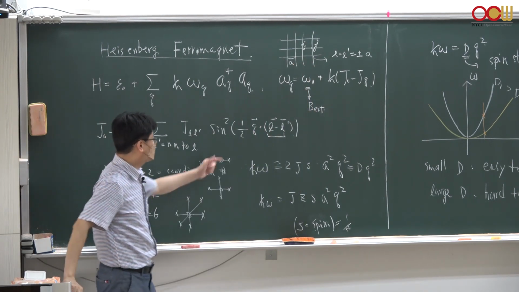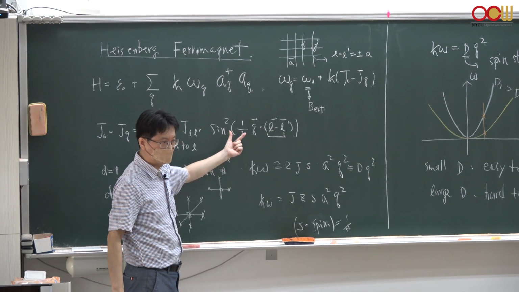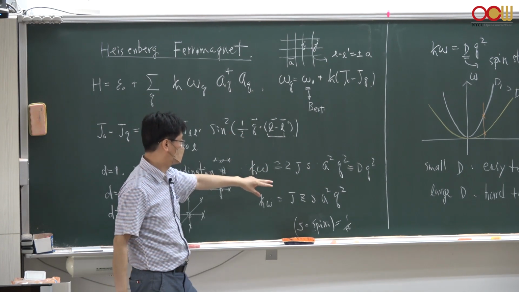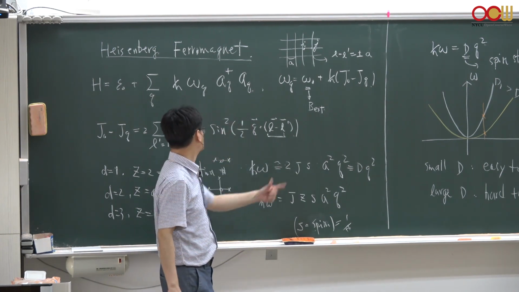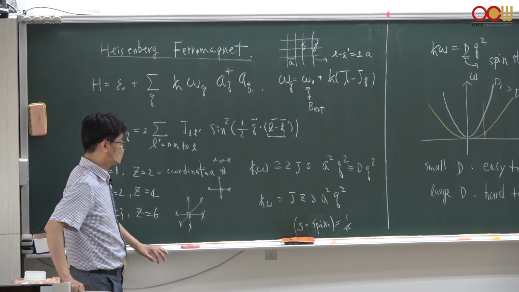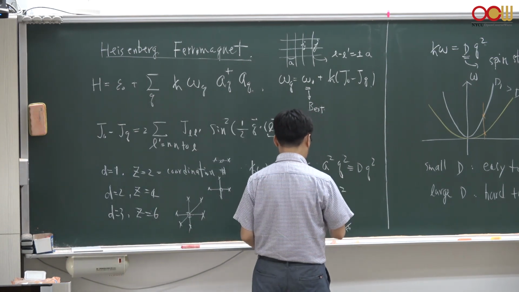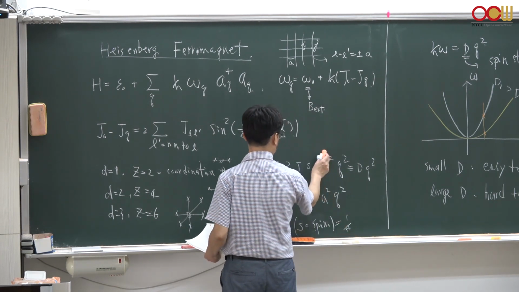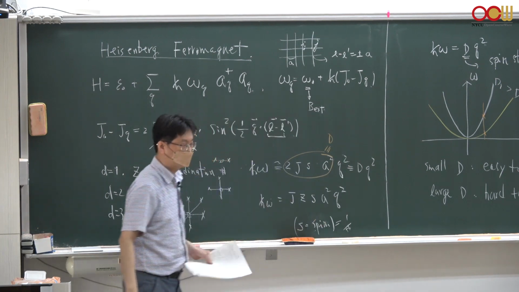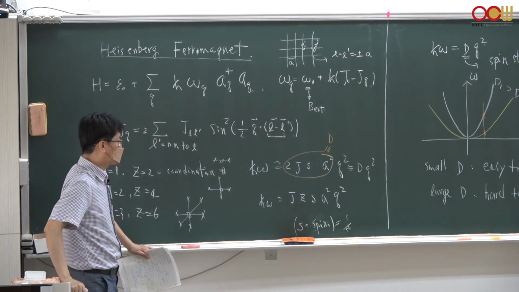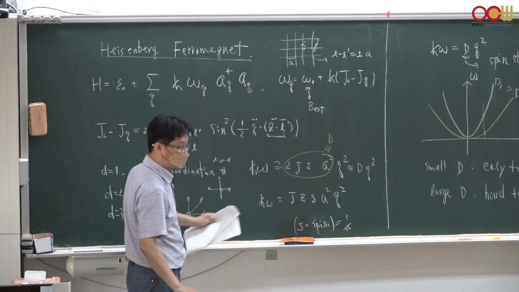All right, so that's how you get this sine square qa, and you expand this sine qa, you get a square q square times this prefactor 2JS, and we define this prefactor, the factor other than q square, as what we call the spin stiffness constant, capital D, which is a prefactor in front of this q square dispersion.